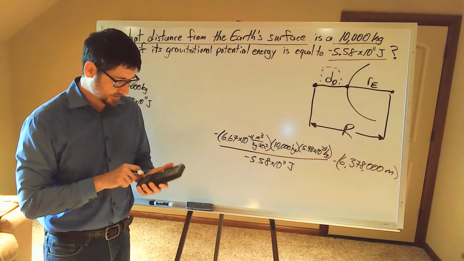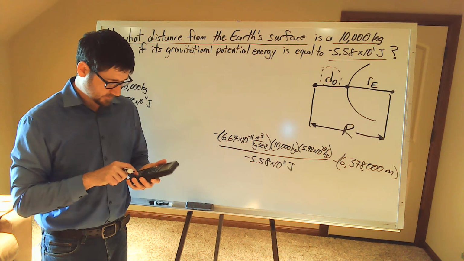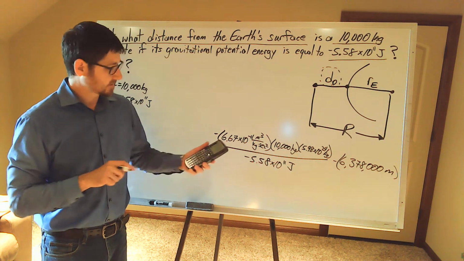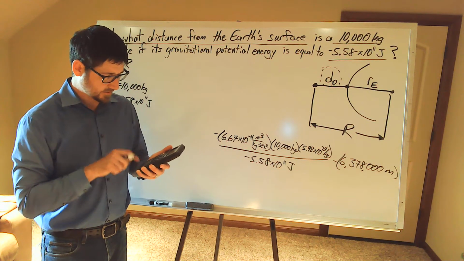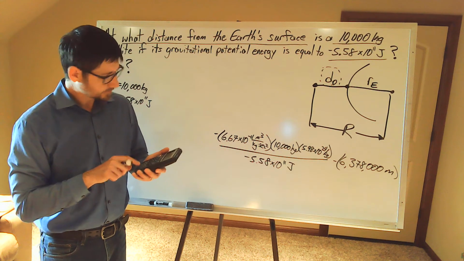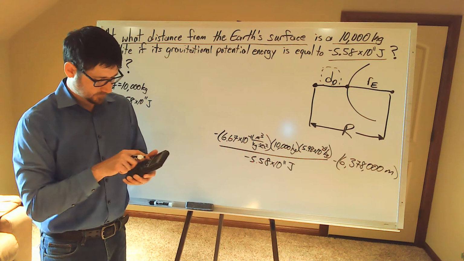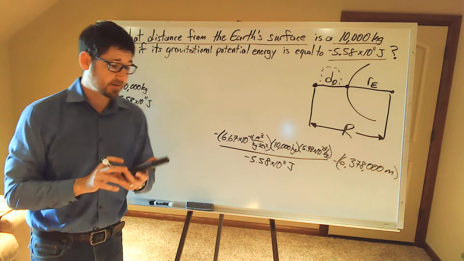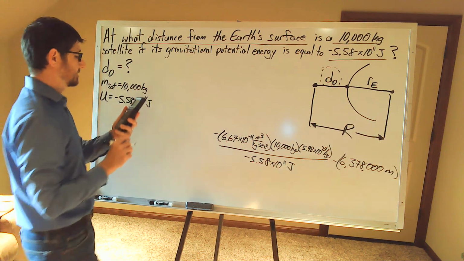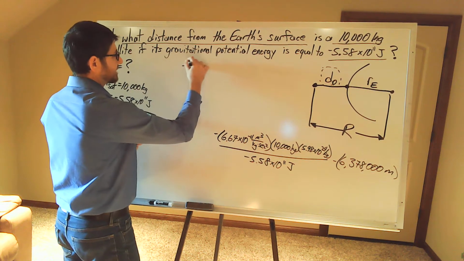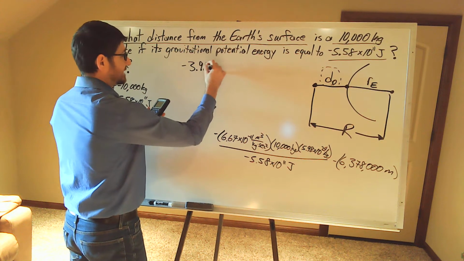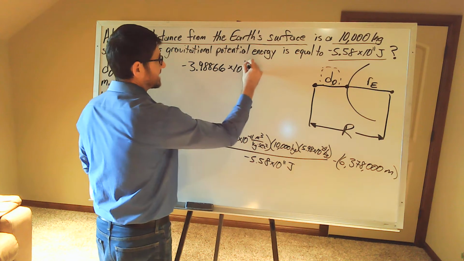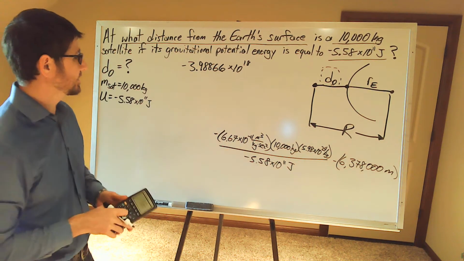So our universal gravitational constant times 10,000 kilograms multiplied by the mass of the Earth is going to give me a negative 3.9886 times 10 to the 18th. So a very large value here, okay?